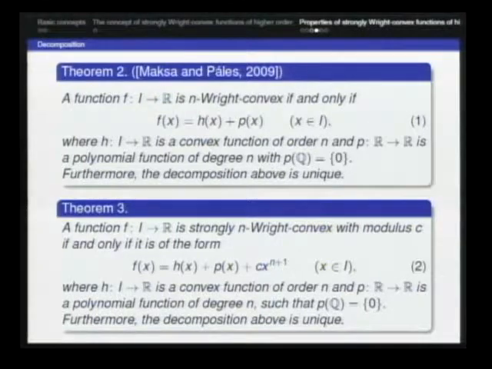Based on and strongly related to this theorem, we can prove the decomposition for strongly right-convex functions of higher order. The statement is the following.